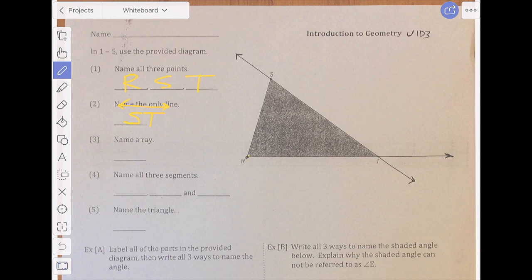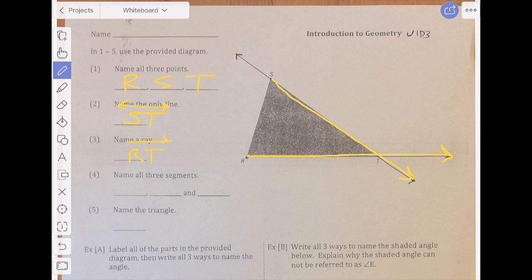Well, a ray has a starting point and goes forever in just one direction. So you could call that RT as an example of a ray. Or S through T is also an example of a ray. Those are some examples that you could have used. Or even T through S. I'll use RT. So RT is an example of a ray.